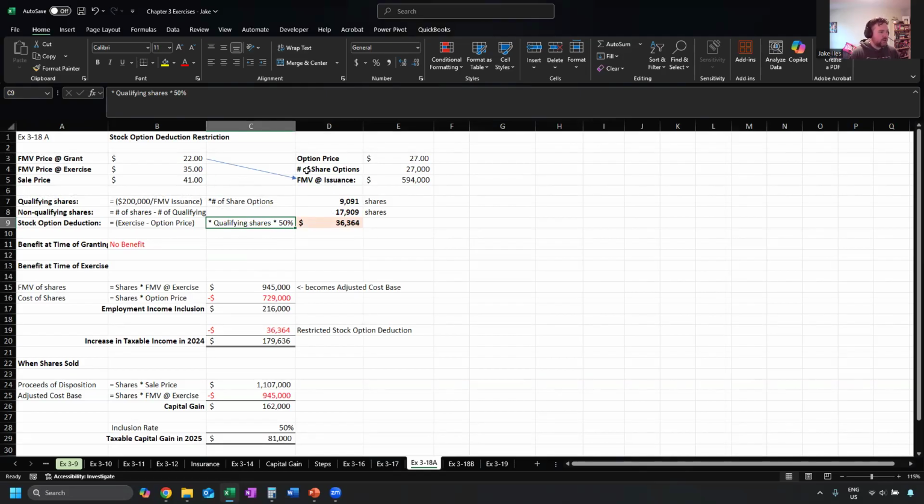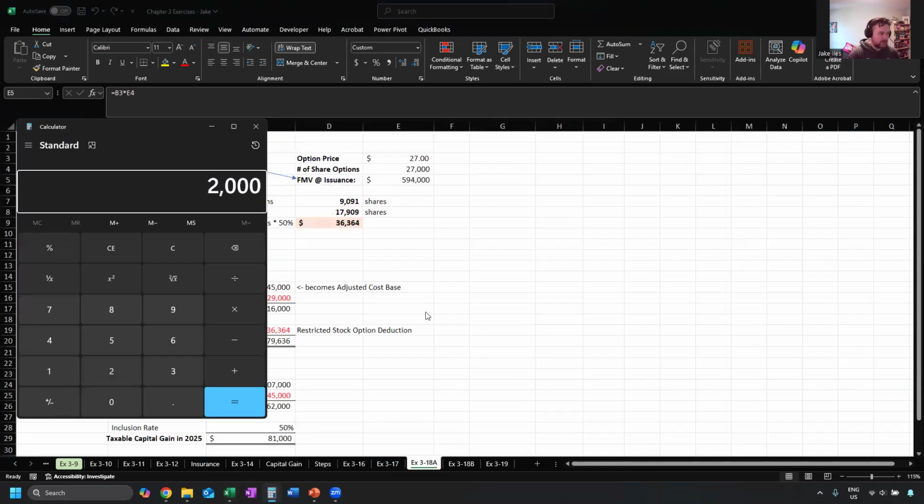So the total number of share options is 27,000. So at the grant price of $22, the fair market value of issuance is $594,000. So $200,000 divided by the fair market value, so 200 divided by 594.